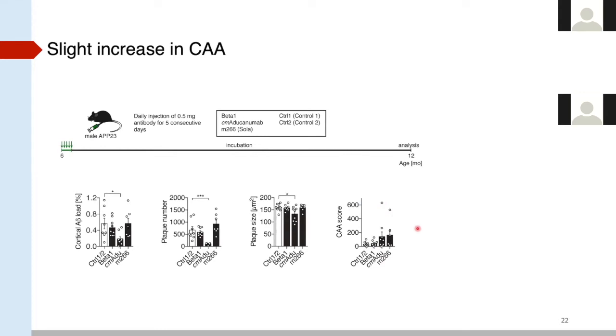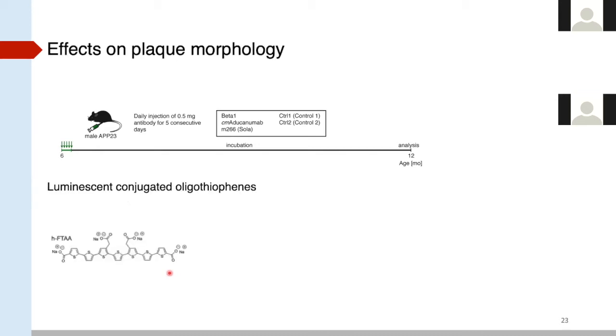So we could show, based on these results, that treatment with ADO actually reduced amyloid pathology, especially in plaque number. But we were also interested in seeing what this antibody might do to the plaque structure itself. And for this, we used a specific class of dyes called luminescent conjugated oligothiophenes, and you can see this here.